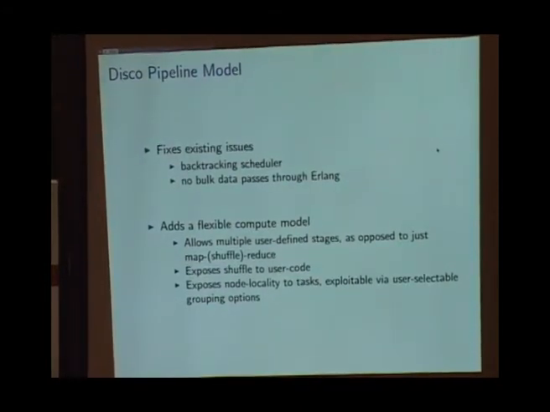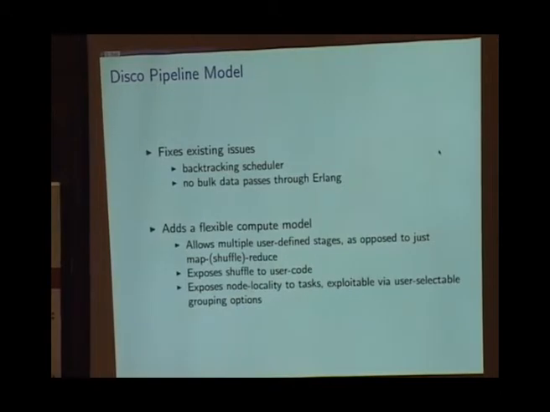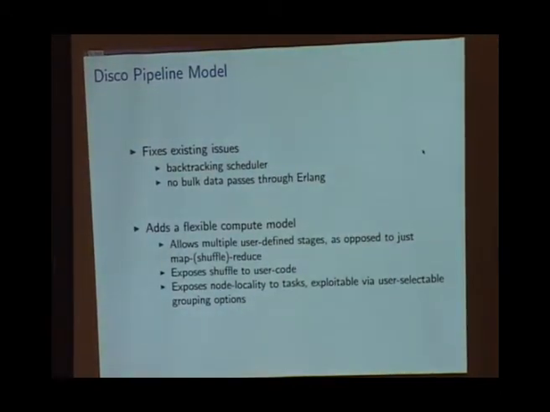In case you're interested in reducing the amount of data that's shipped across the network and cause problems like TCP incast, you could have explicit node local stages that compress all the data on a single node before it's shipped across the network.